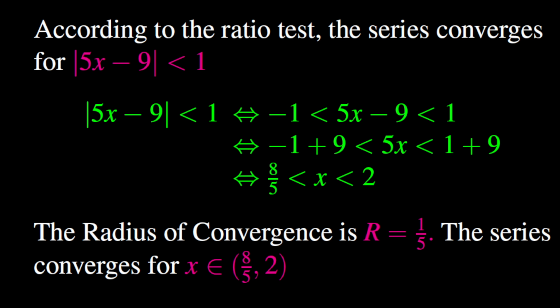This inequality can be further simplified to 8 over 5 less than x, and x less than 2. Consequently, the radius of convergence is equal to 1 over 5. The series converges for x in the open interval with endpoints 8 over 5 and 2.